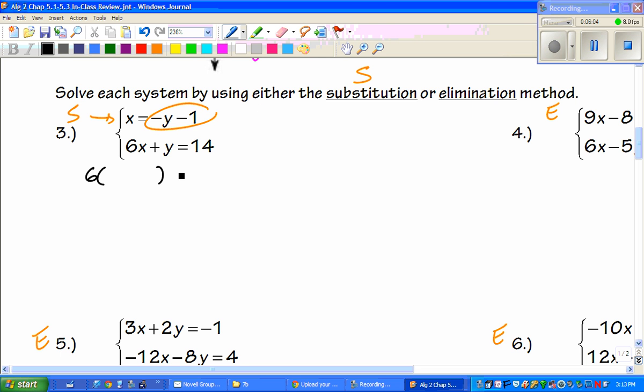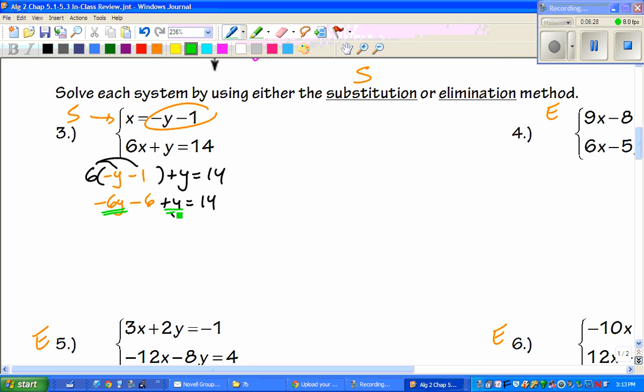6 plus y equals 14. Okay, and we're going to plug in negative y minus 1. We need to distribute, and you get negative 6y minus 6 plus y equals 14.